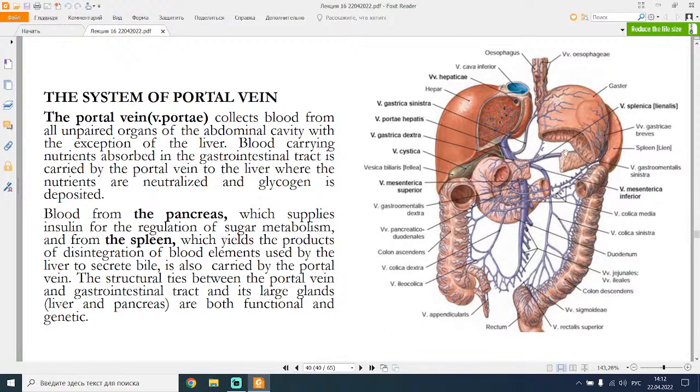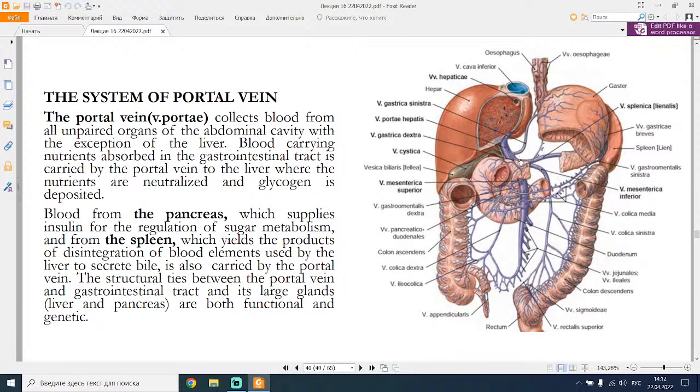Blood from the pancreas, which supplies insulin for the regulation of sugar metabolism, and from the spleen, which yields the products of disintegration of blood elements used by the liver to secrete bile, is also carried by the portal vein.